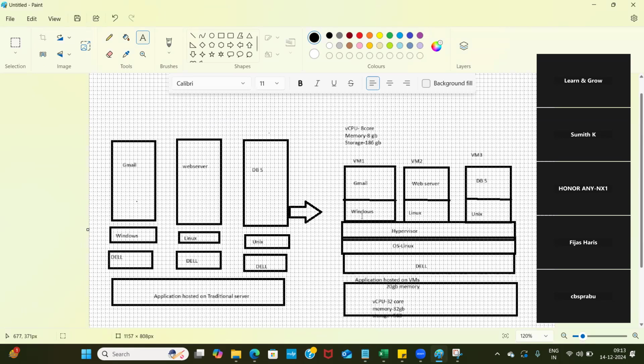The heavyweight operating system takes too much space. So for that we require memory, RAM, storage, all these things. These are the extra parts that we are wasting.